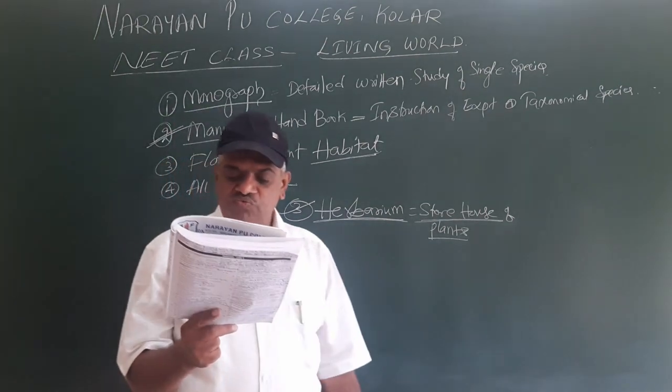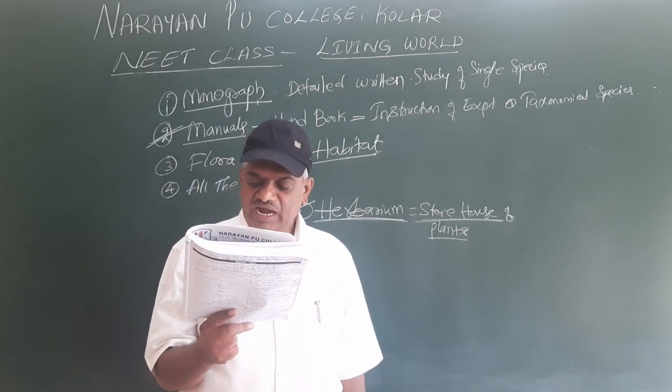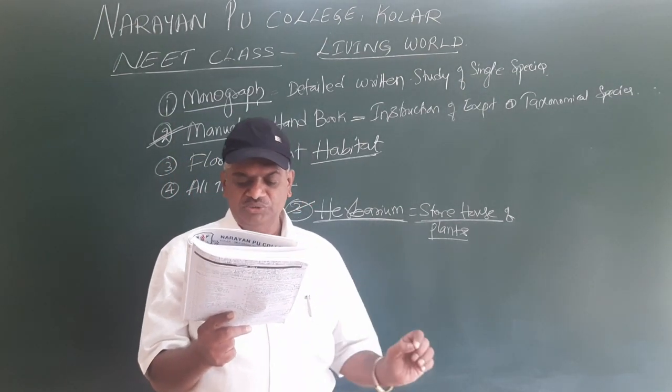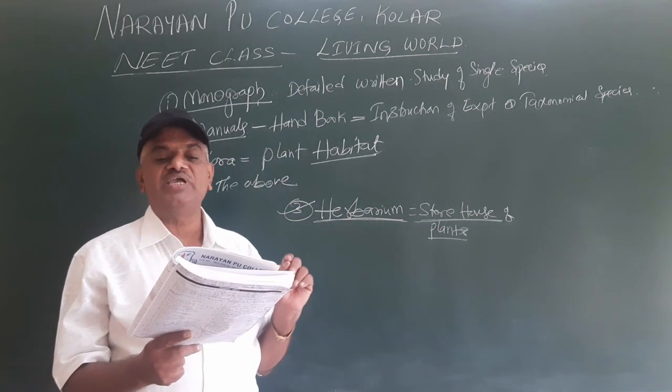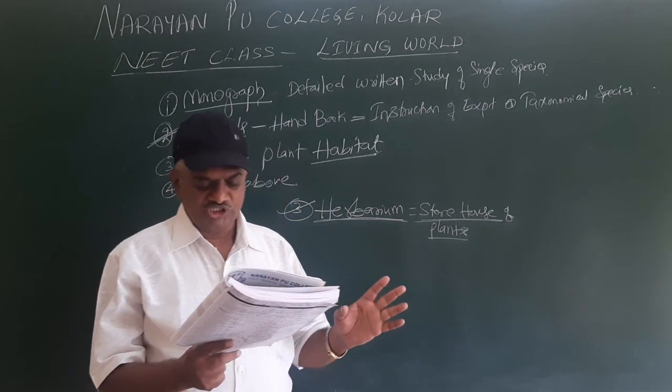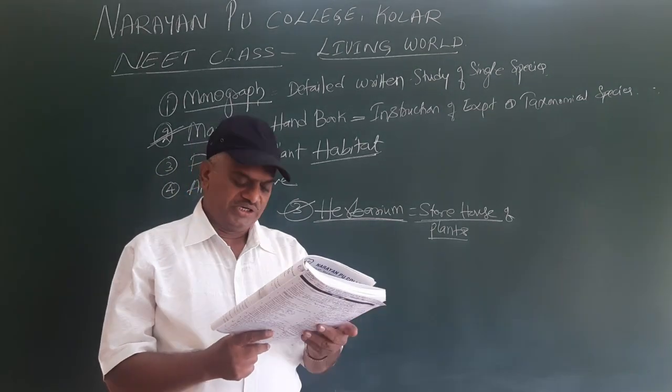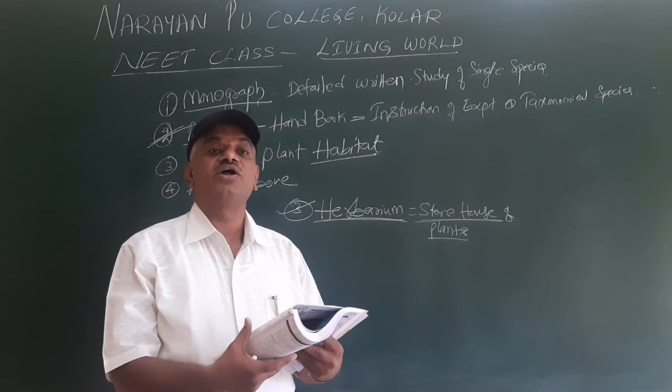Recognize the following flow chart and find the correct options according to taxonomical hierarchy. Here there is a flow chart. We are going to study that according to taxonomical hierarchy.